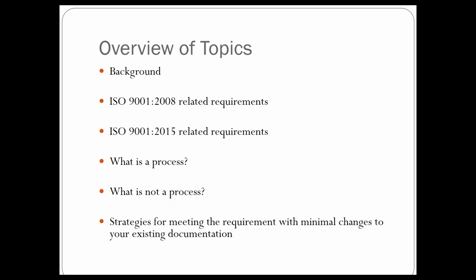And then one of the more popular parts of this presentation, we're going to have some notes on strategies for meeting this requirement. Perhaps you have an existing interaction of processes that you want to retain. We've got some suggestions on how you might strengthen it to meet the requirement and some other examples.